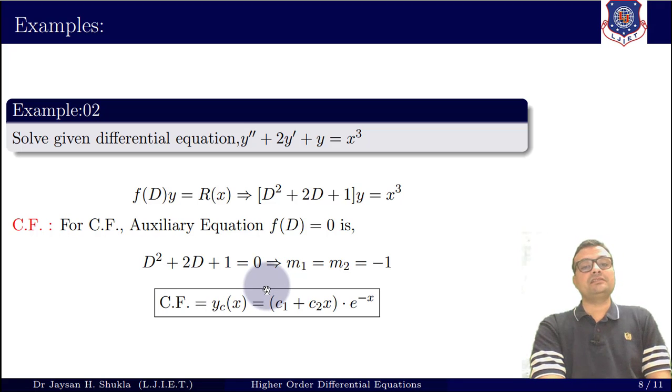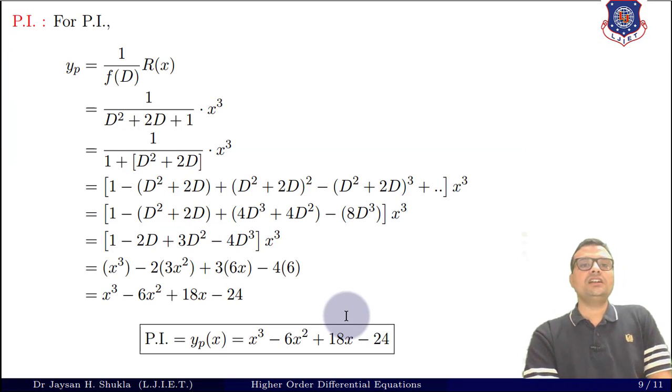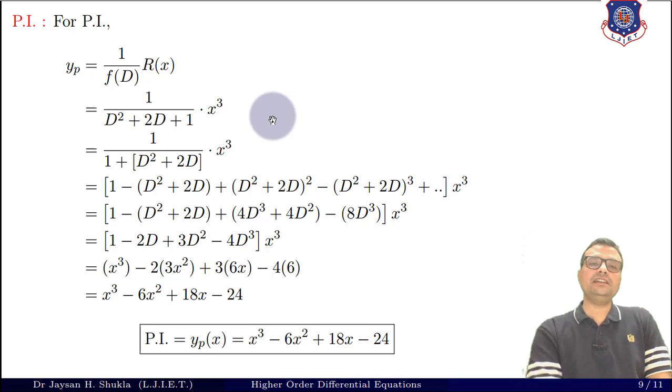It is nothing but (D plus 1) whole square equals 0, which gives you two roots, m1 equal to m2 equal to minus 1. So I am taking the repeated real roots. It gives me (c1 plus c2 x) into e raised to minus x. This is the complementary function.